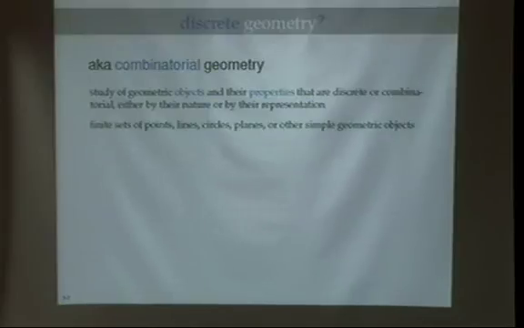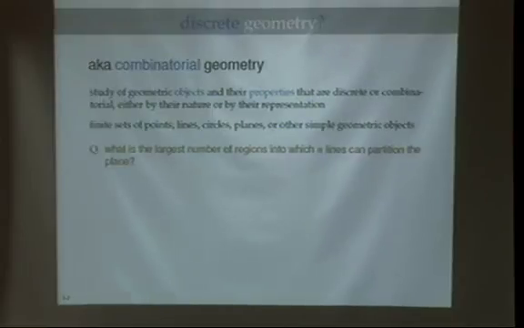And we only handle a finite set of those geometric objects, say n lines or n points. And then you want to find some properties of those geometric objects. For example, we have n lines in the plane. Then you want to know how many regions you have in the arrangement of n lines.